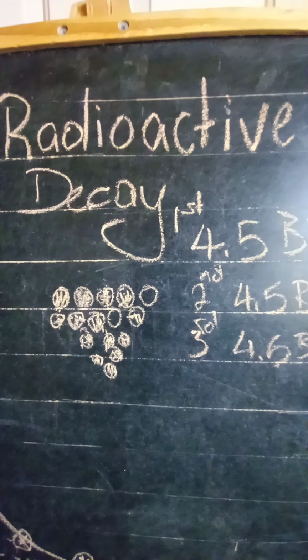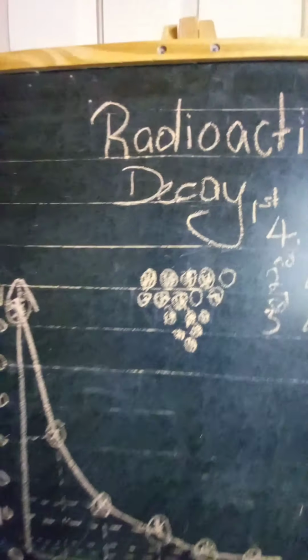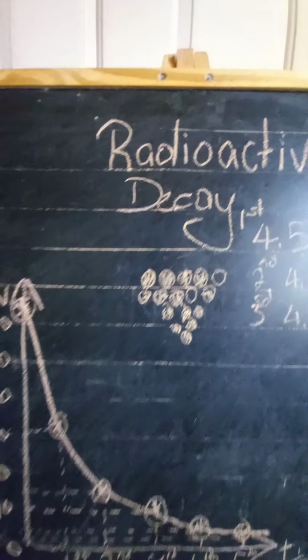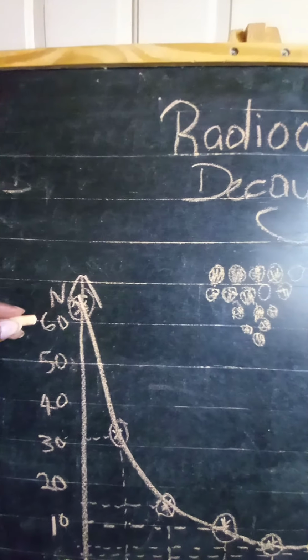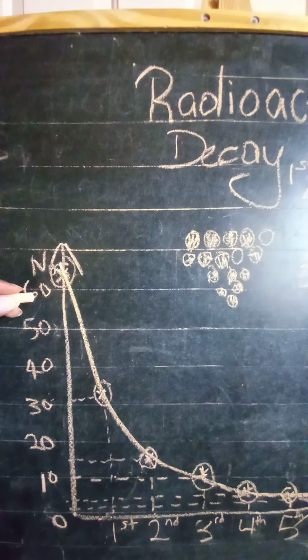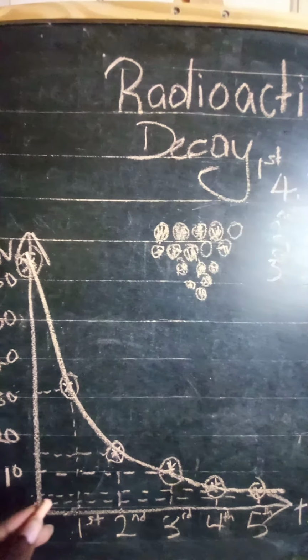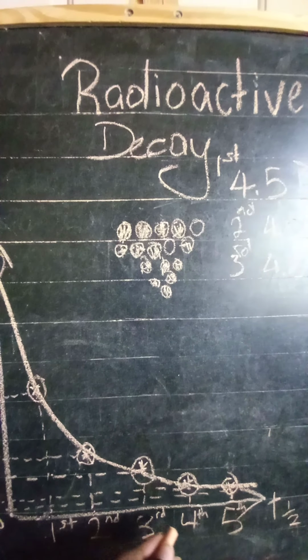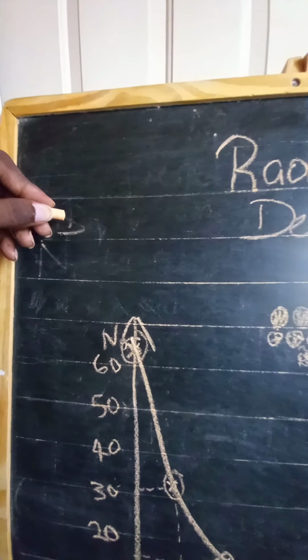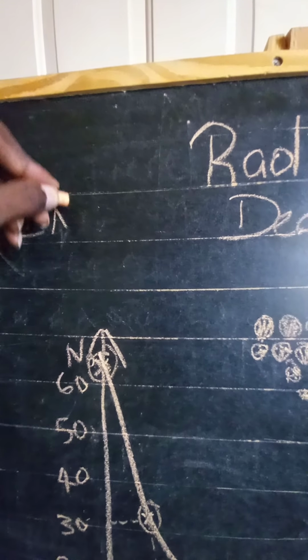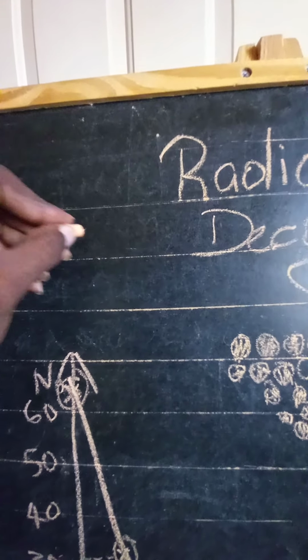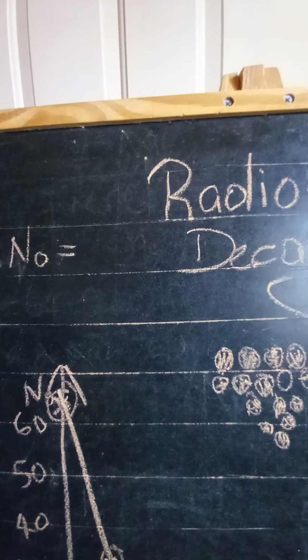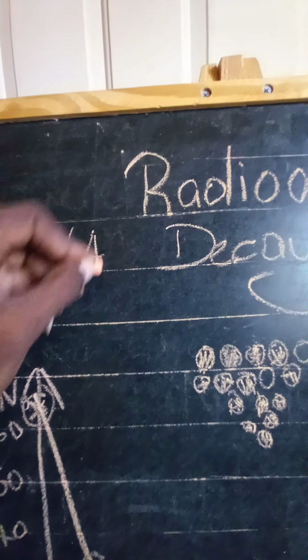We can actually graph this, and I went ahead and I graphed it. So we are graphing the amount of radioactive substance that we have versus the number of half-lives. So let's make n naught be the number of radioactive substance we started with, and let's make this 64.